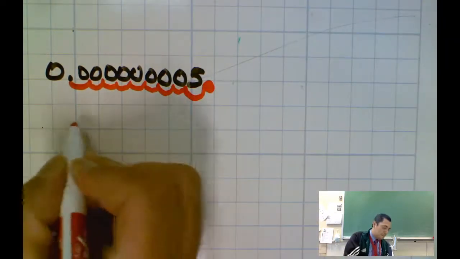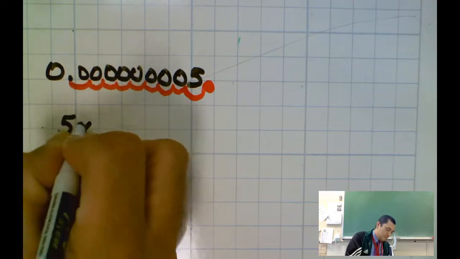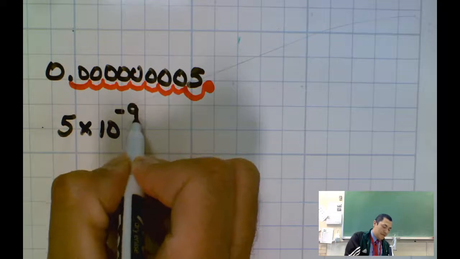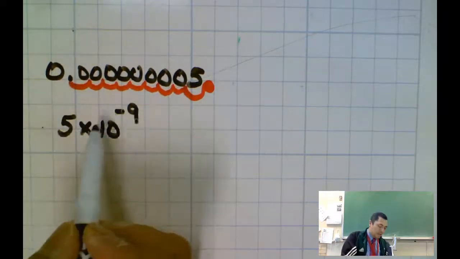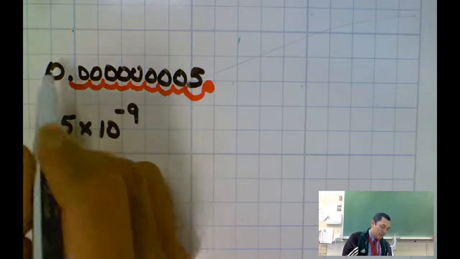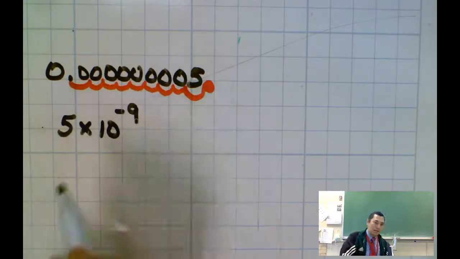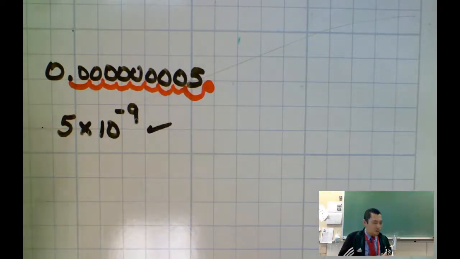So I'm going to have here 5 times 10 to the negative 9, because you went to the right, so the exponent is negative. You counted 1, 2, 3, 4, 5, 6, 7, 8, 9. Done. So that's one way. In your book, you have another way that you can follow too. If you think it's easier, go ahead for it.